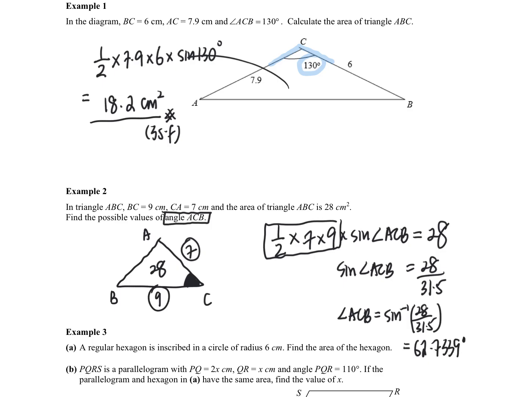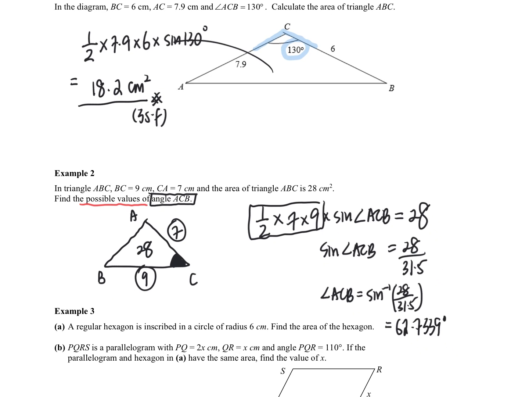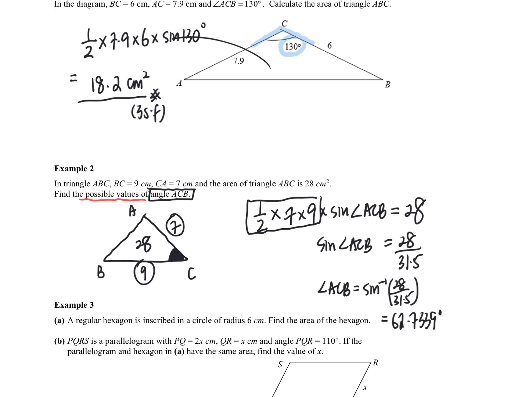Okay, but take note, you read the question carefully. They say possible values of the angle. What do you think I need to do? Do you remember the sine ratio? We always have two possible angles that give the same ratio. So you need to find 180 minus this also. There are two possible answers.